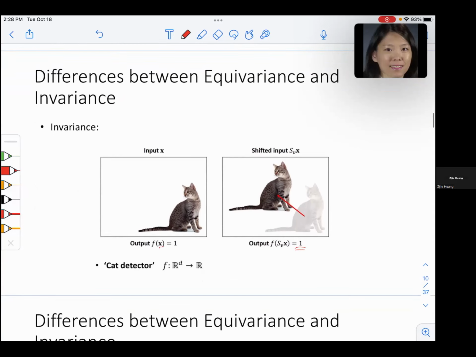An example is image classification, where we want to output whether the image contains a cat or not. On the left-hand side, the cat is in the bottom right corner, and in the second graph we shifted it by a vector, and we still want the model to predict 1.